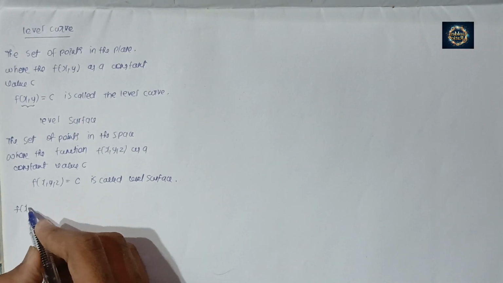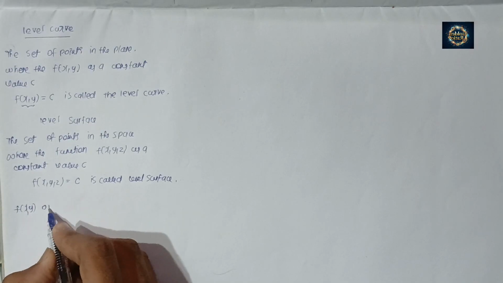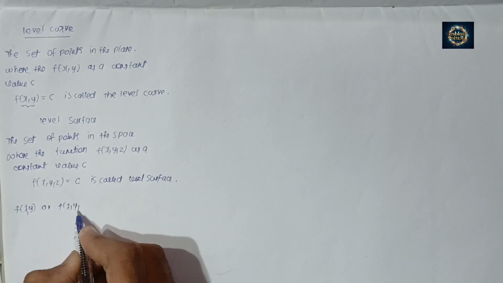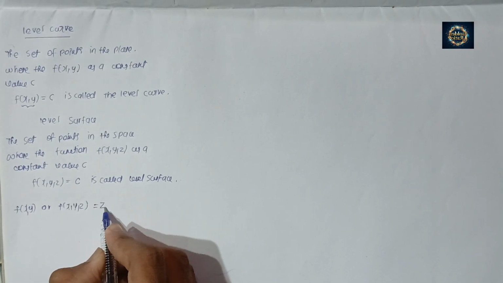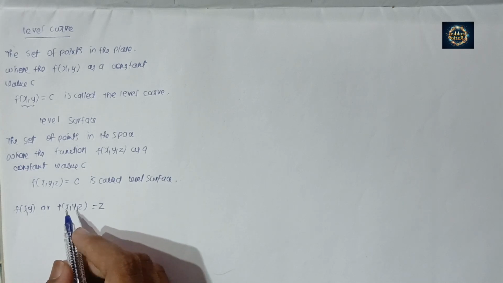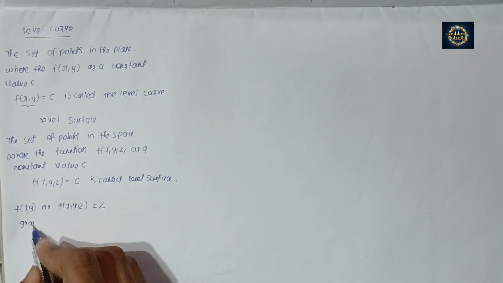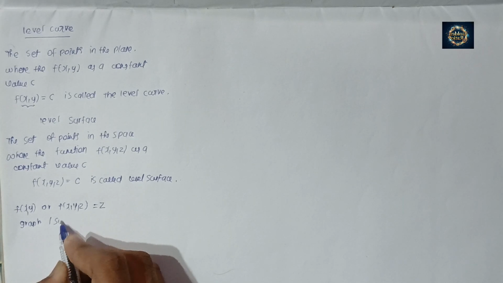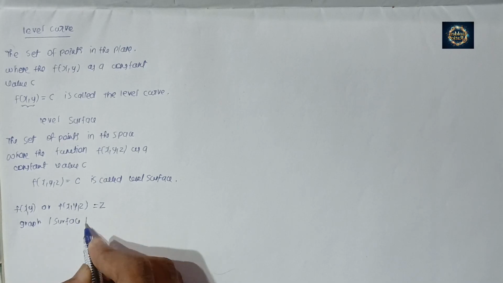While solving the questions, the function f of x, y or f of x, y, z is denoted by z. This is called a graph, or it is also called the surface or curve.